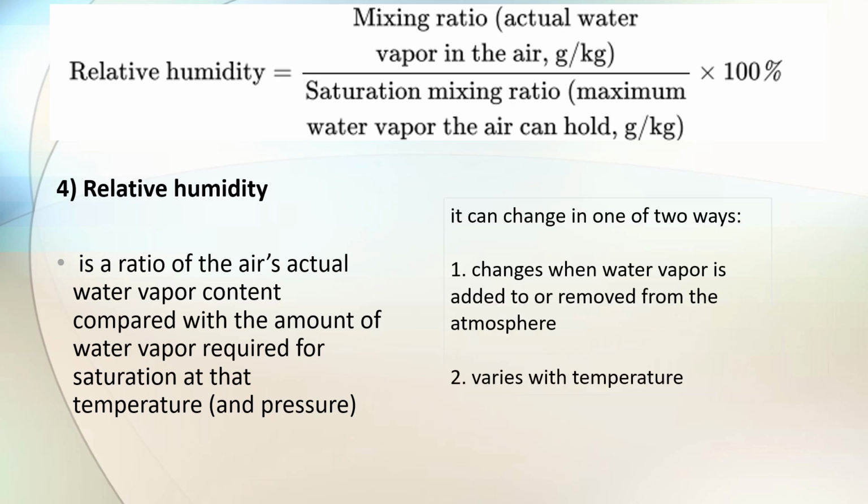So yeah, to make it more clear, relative humidity can change in two ways. It changes when water vapor is added to or removed from the atmosphere, and it also changes with varying temperature.